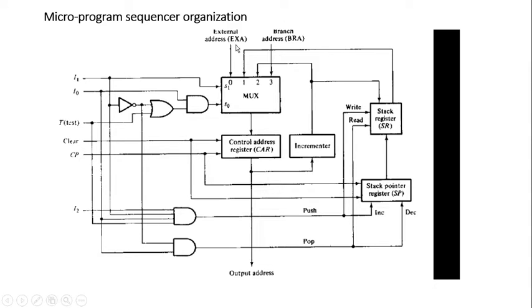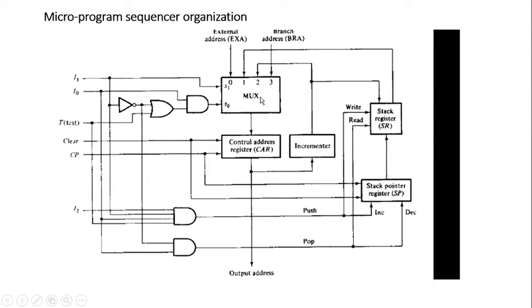Okay, suppose our selection pin values are S1 equal to 1 and S0 equal to 1. What's the meaning? The multiplexer is going to choose the third input as the multiplexer output. What is the meaning of this three? That means it performs a branching operation. Branching means jumping to another address location which is not in sequential order, and usually it takes place in a non-sequential execution.